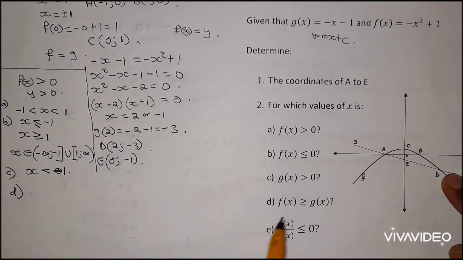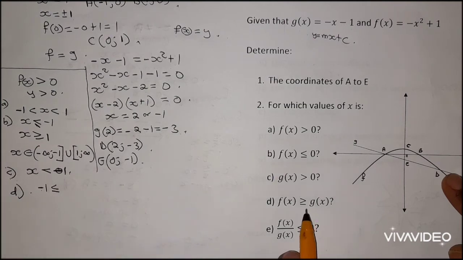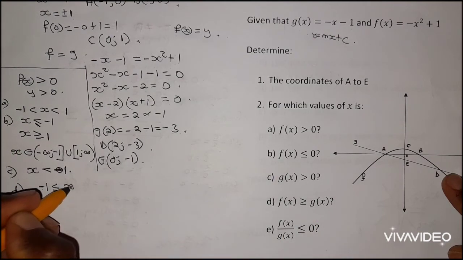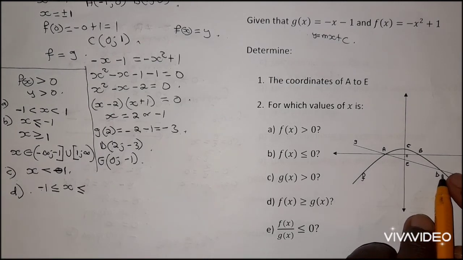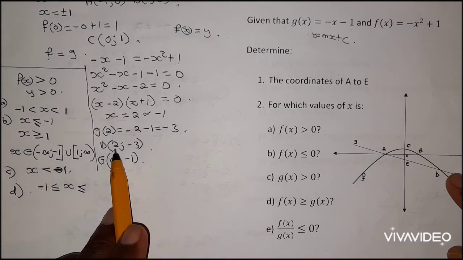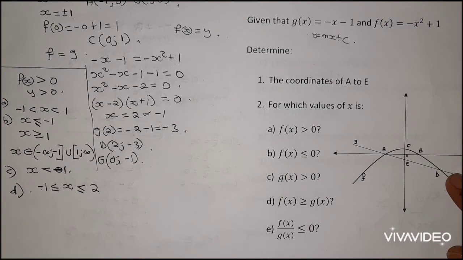So we can say f of x is greater than g of x, where x is between -1 less or equal to, remember it's saying less or equal to x, and less or equal to, what is the x coordinate of D? It's +2. So it comes down to 2. So we are saying f is above g between -1 and +2, right?